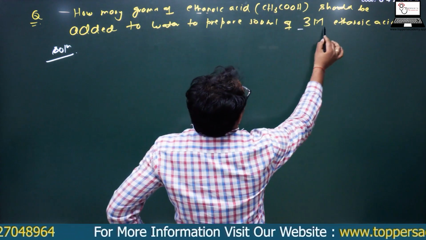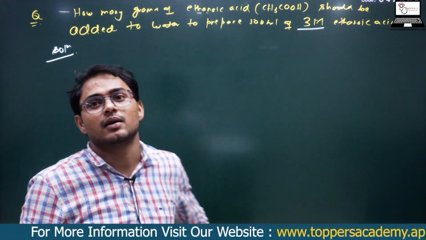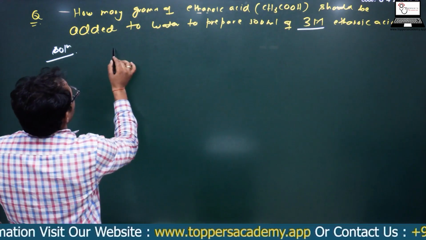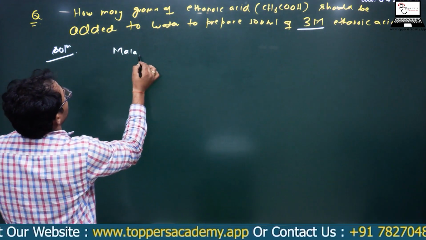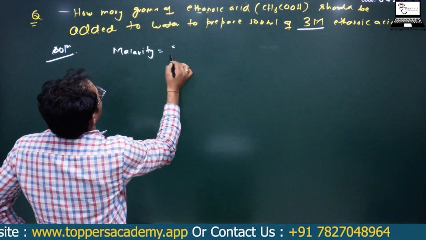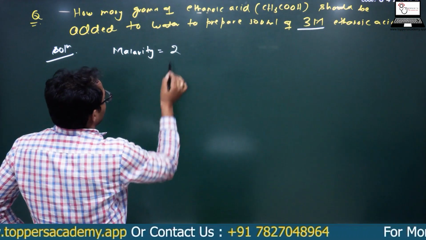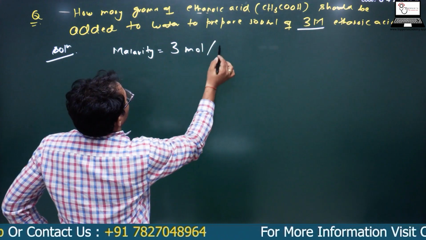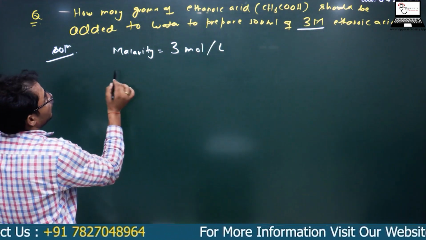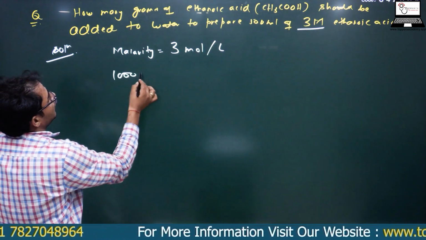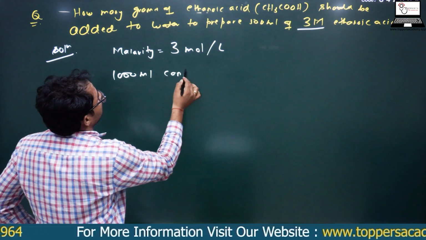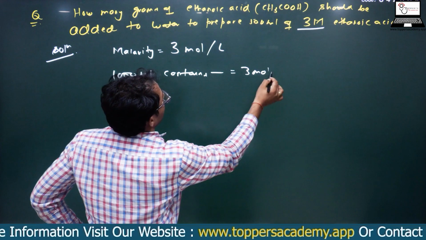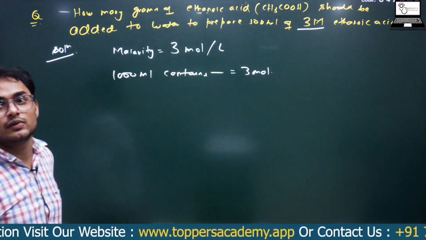solution 3 capital M, right? If molarity is given as 3 capital M, 3 mole per liter, that means 1 liter, or I can write 1000 ml, will contain 3 mole of solute, because the molarity is given as 3 mole per liter.